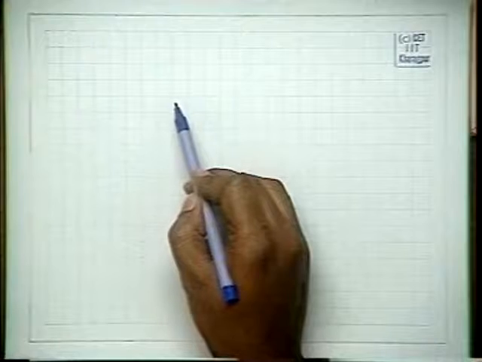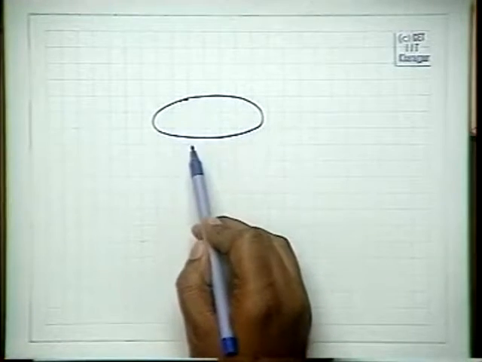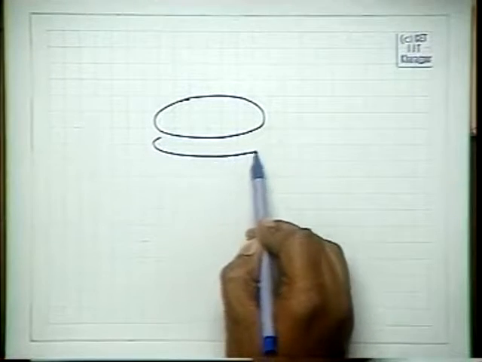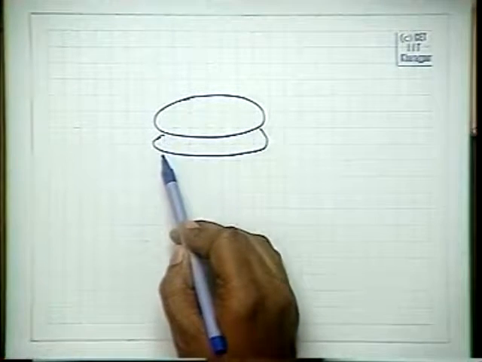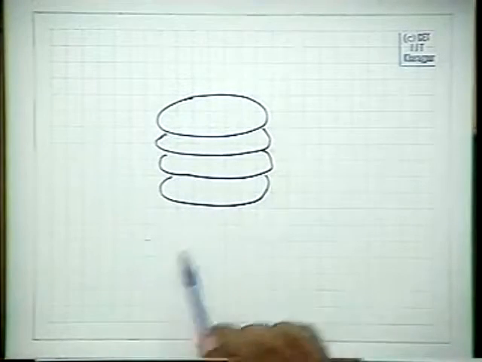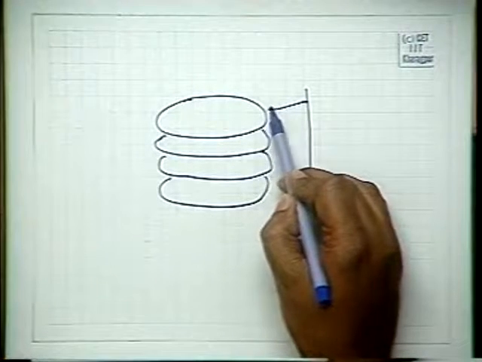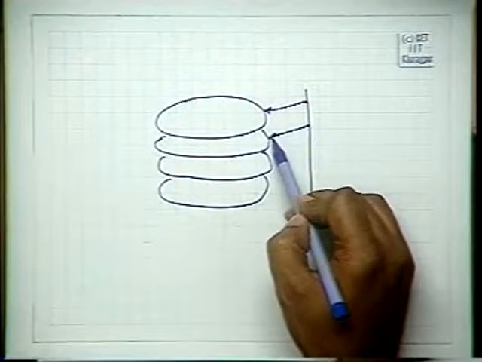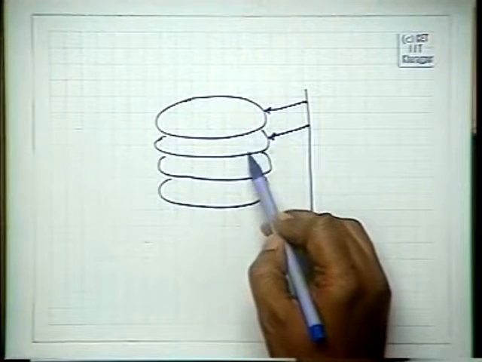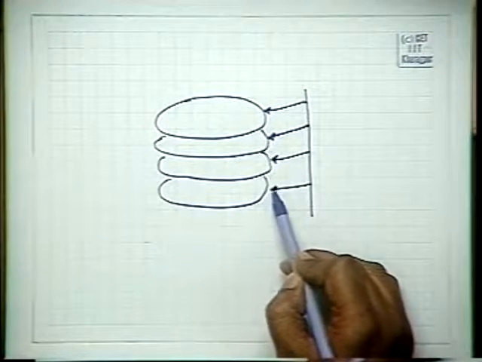The disk, schematically, consists of a set of disks. Instead of one disk, there are many disks like this, and we have a number of disk heads. I am drawing one, but there may be two on both sides of each of these disks.